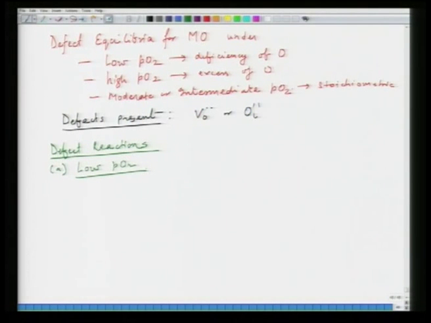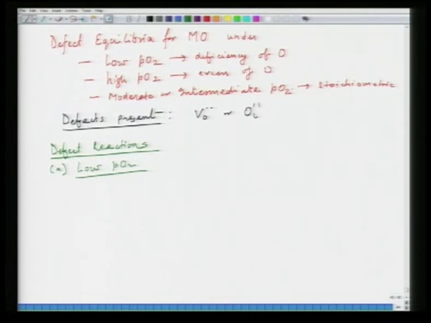At low PO2 I am not considering M. If this was VO, then you would have complementary defect MI, or you can have VM. So, we are just considering oxygen at the moment. You can consider others as well, but let us not complicate. To simplify, we have chosen only one kind of dominating defect in one region.